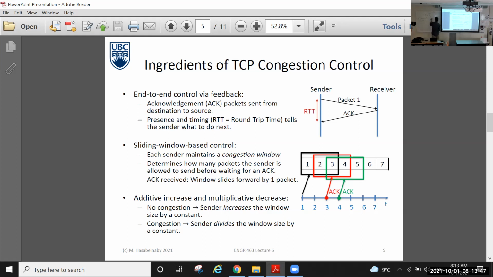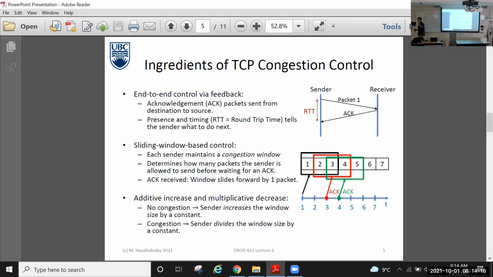So here, bucket 1, 2, 3, and you will receive acknowledgement 1. While you are sending bucket 4, you will receive acknowledgement of 2. While you are sending bucket 5, you will receive acknowledgement of 3, and so on.